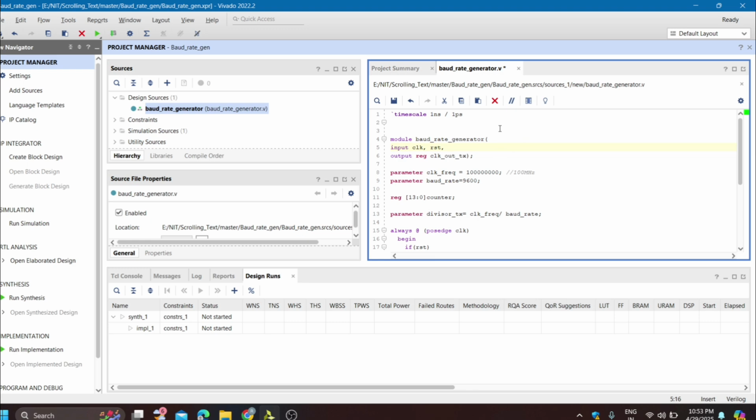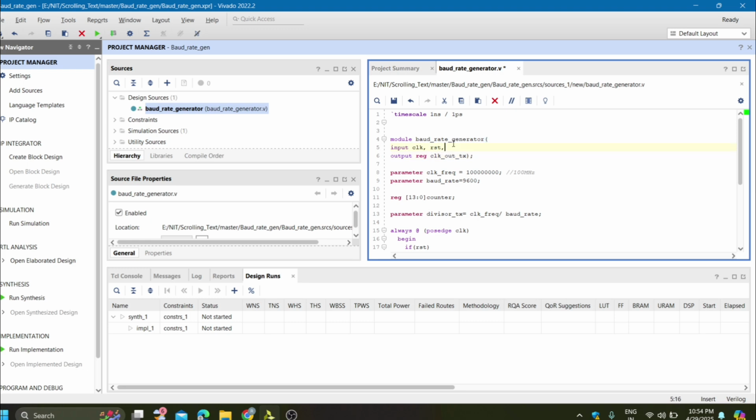Okay. So I have already written the baud rate generator code in this UART tool, so I am going to explain this. First we need to write the module name. I have written here baud rate generator, and there are some inputs like input clock and reset, and there is one output. The output is also a clock.